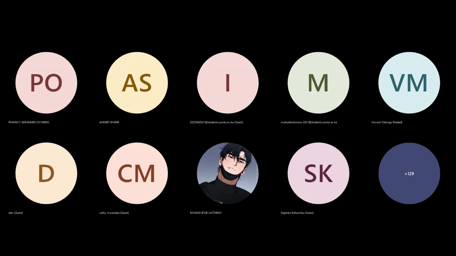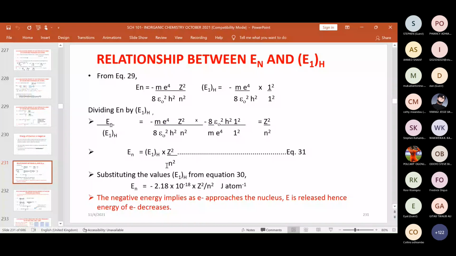So I was saying that in the equation for energy, the value for the first orbit is important. It is negative 2.18 times 10 raised to minus 15. That value is constant, so you must know it. Then if you are talking about hydrogen or helium, the value of Z will change.